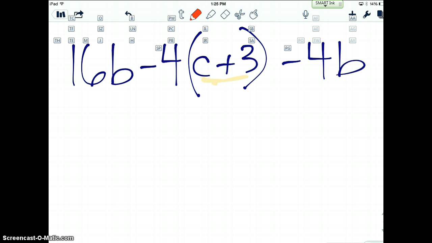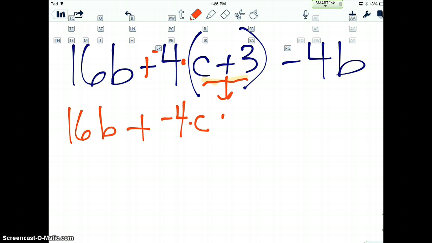So I'm going to multiply the 4 with this quantity. The thing is that a 4? No, it's actually a negative 4 because I could change the subtraction to a plus, and that 4 is really negative. So I'm going to have 16b plus negative 4 times c, bring down the plus, negative 4 times 3.